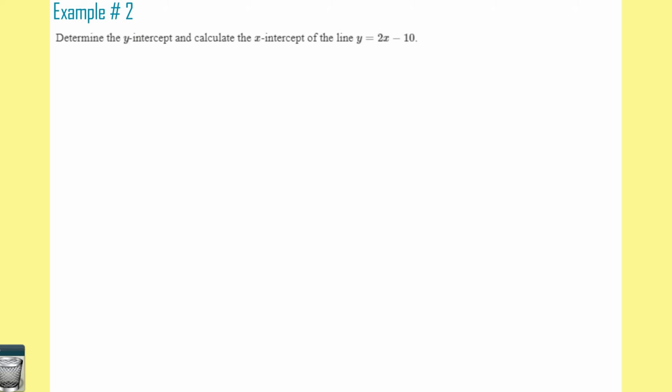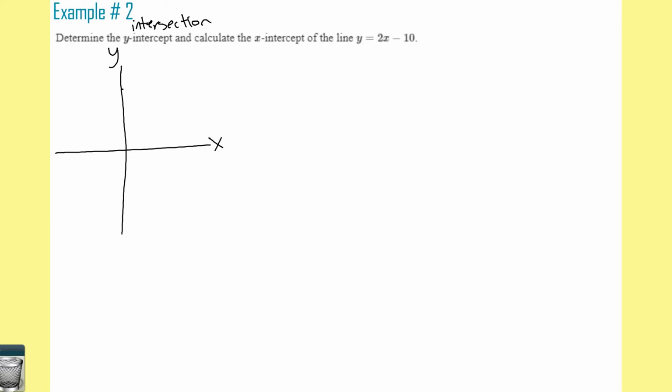Example 2. Determine the y-intercept and calculate the x-intercept of the line. So here it's really important to know what an x and y-intercept are. So here's our graph. We know this is our y and this is our x. The y-intercept, think of it as intersection on the y-axis.